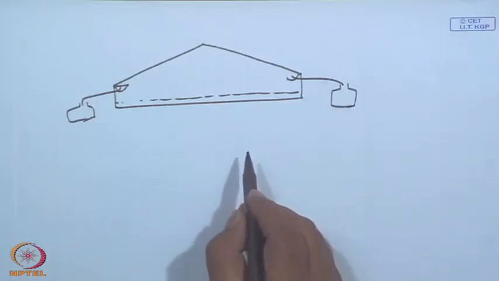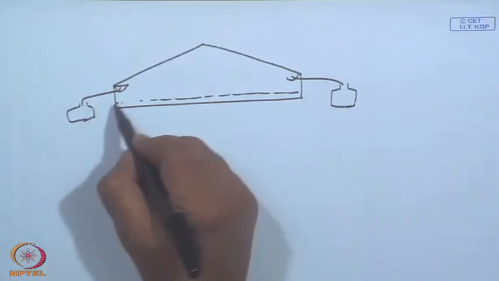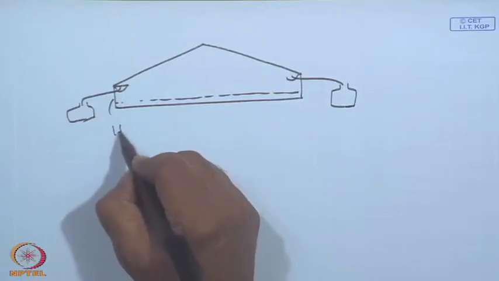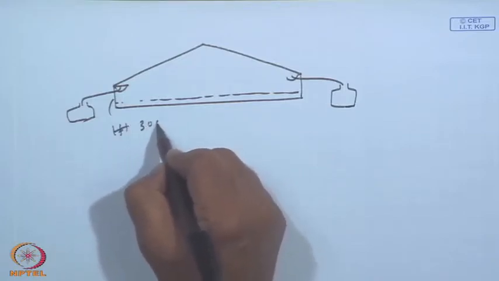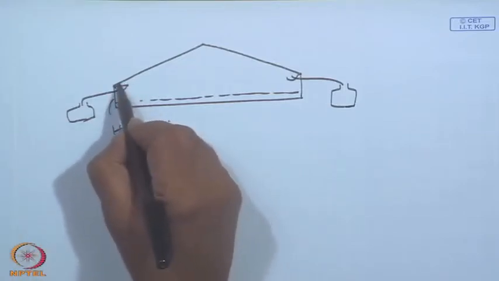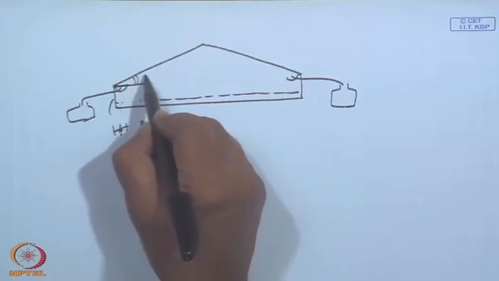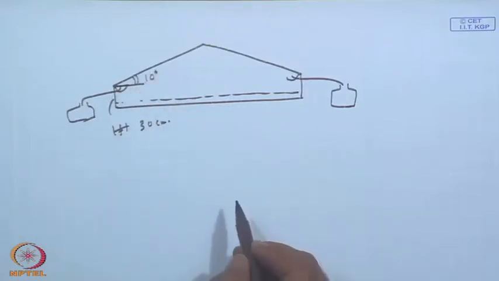Now, the question you may ask is, this is about 1 foot, 30 centimeters, and this is a slope of approximately 10 degrees. Why? Why not more? Why not less?